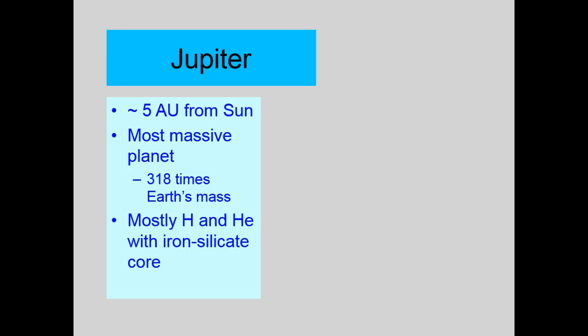Here's Sun, here's Earth, Mercury, Venus, Mars, halfway again further from Earth, 1.5. Jupiter, way out there, 5 times the distance from Sun to Earth, 5 astronomical units. It's way out there.